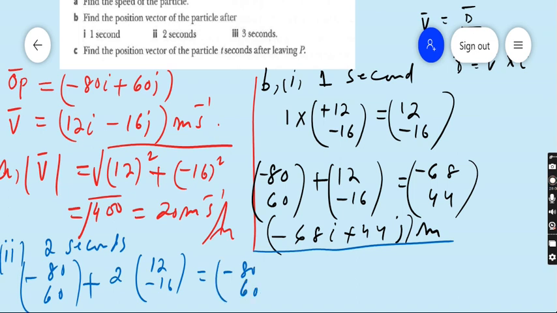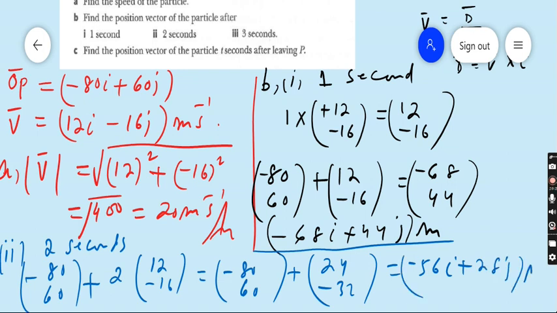Minus 80, 60 plus 24 and minus 32. So minus 80 plus 24 is minus 56i, and 60 minus 32 is plus 28j meters.